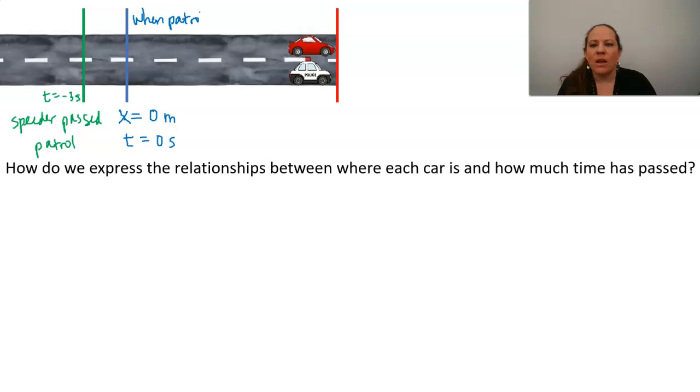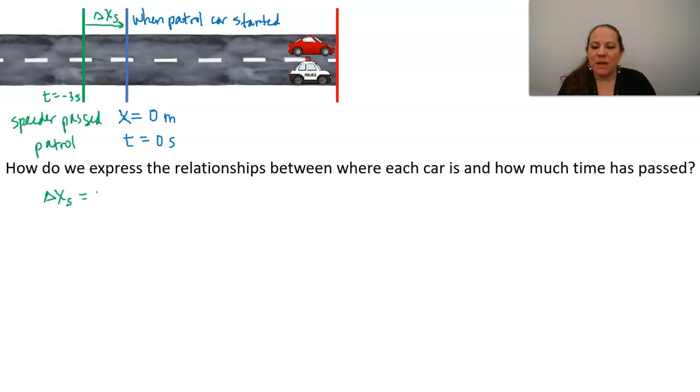And so our speeder is going to have a displacement during that 3 seconds. I'm going to call that delta XS, and we're going to need to find that in order to amend our position-time relationships.